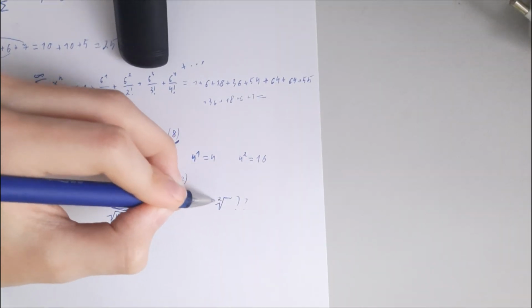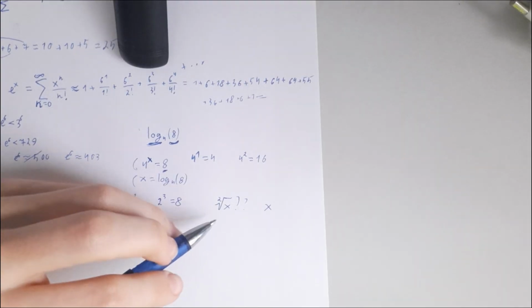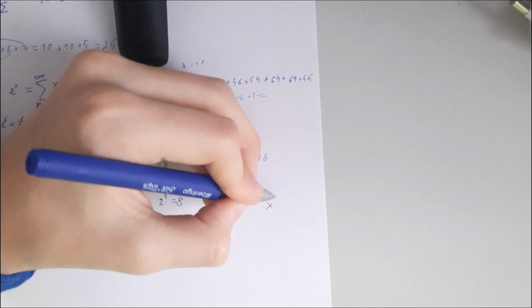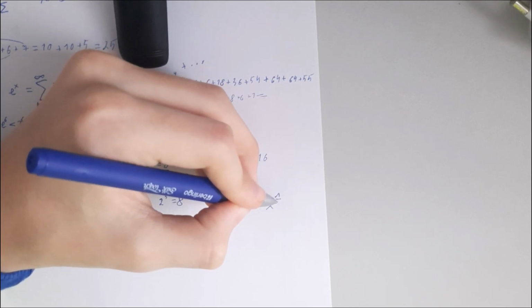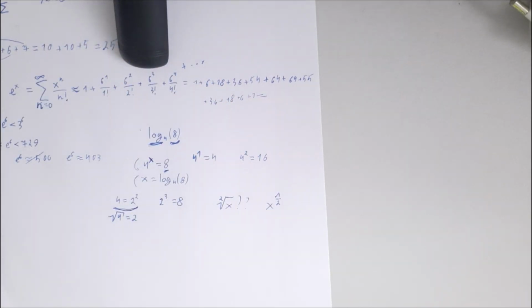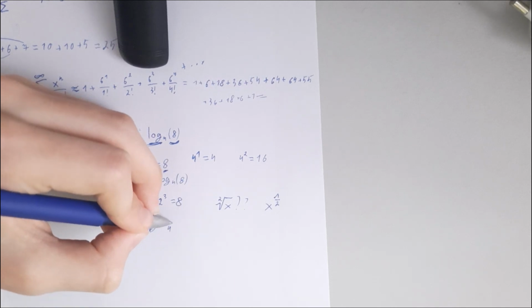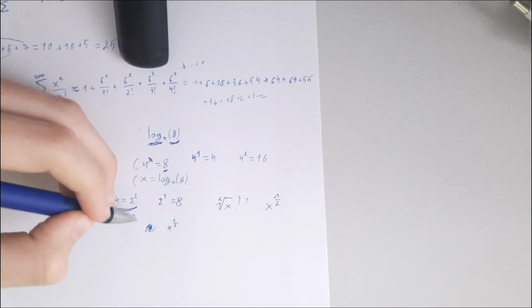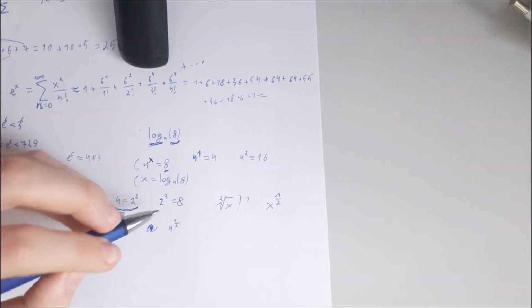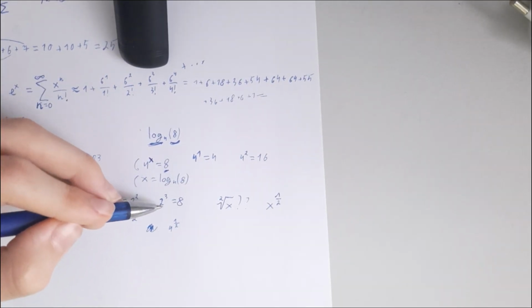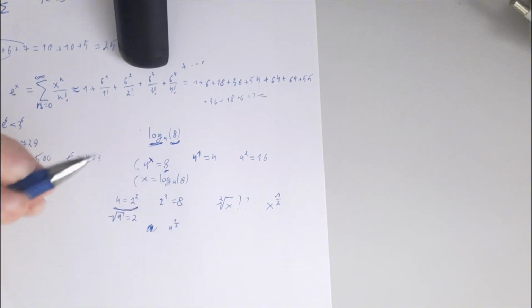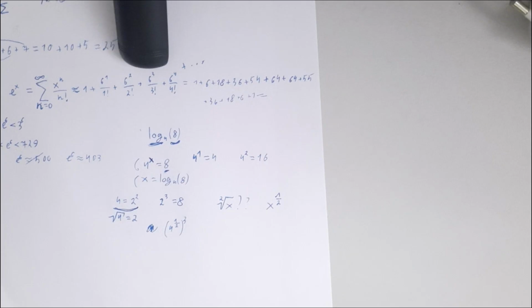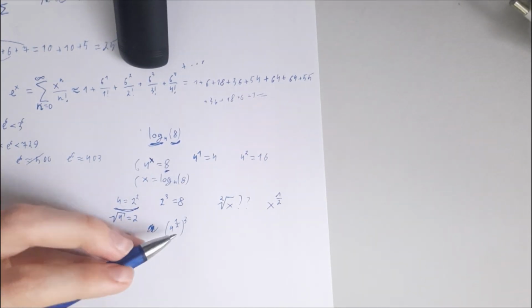But what is a square root? It's just our x under the root, to the power of 1 divided by 2. So 4 to the power of 1 divided by 2 is equal to 2. And then, because 2 to the power of 3 is equal to 8, we can just do this, and it's already equal to 8.